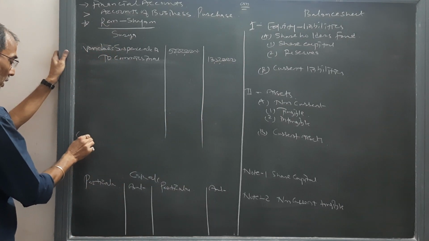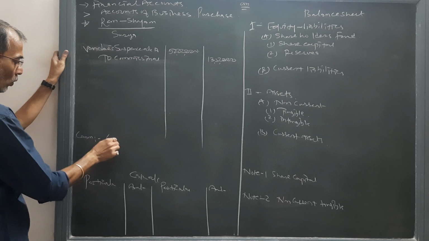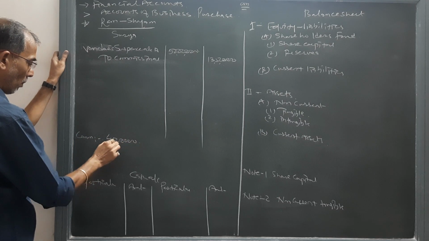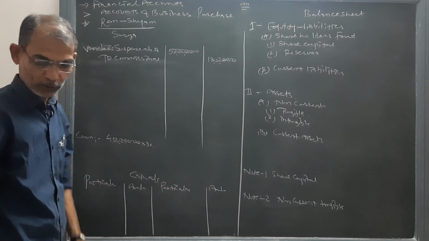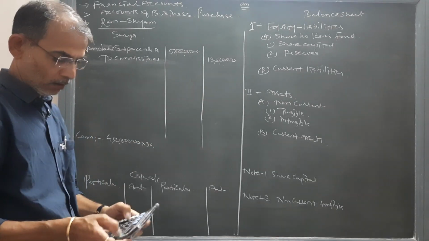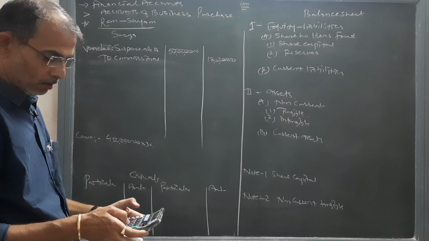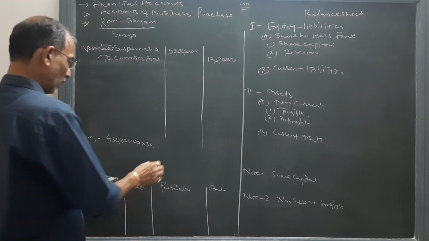How is commission calculated? On 4 crore 50 lakh, 3% on 4 crore 50 lakh, that is 13 lakh 50,000.